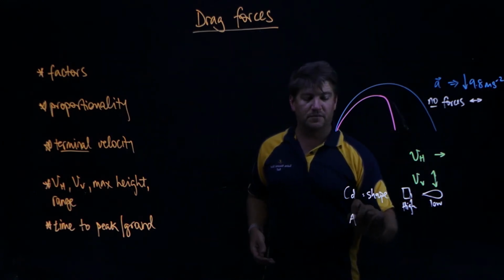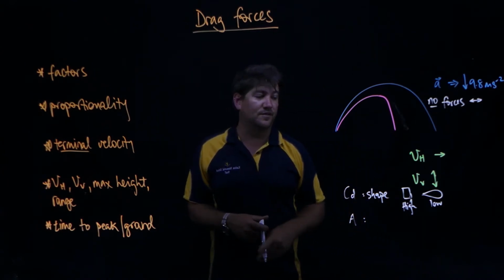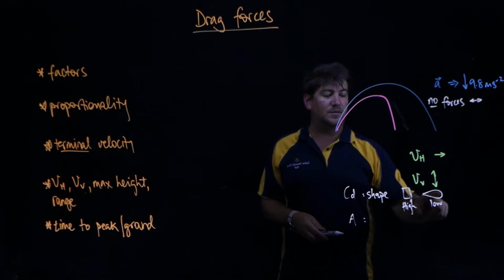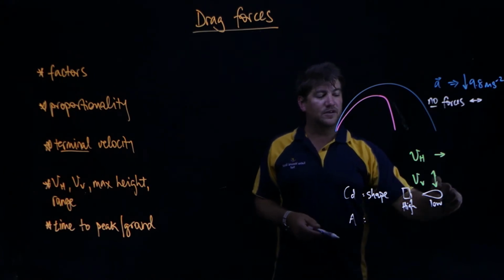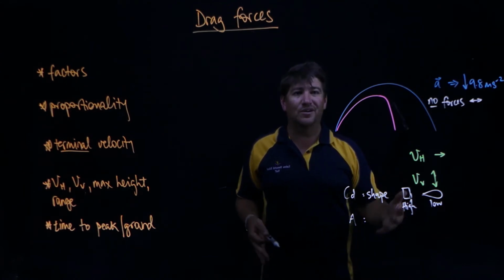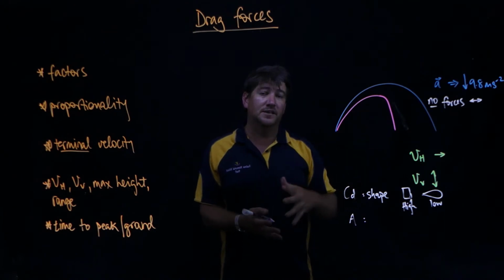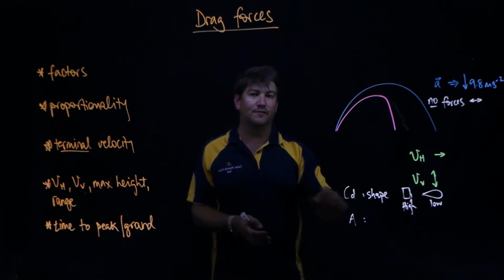Another thing that might impact on it is the frontal surface area, the cross-sectional surface area. If you look at this shape here and this shape here, the cross-sectional surface area of my teardrop compared to the box is not a heap different. The shape will be taken care of by the coefficient of drag.